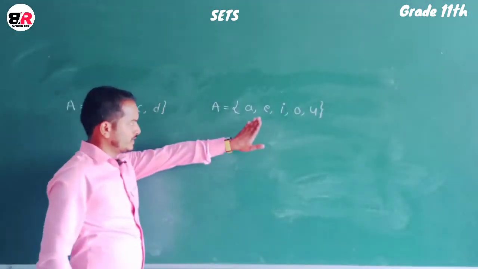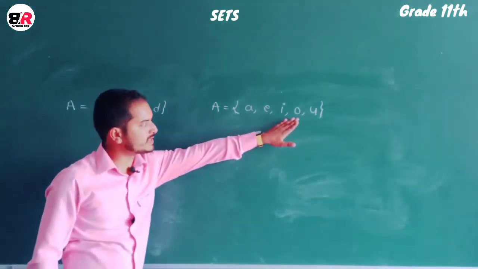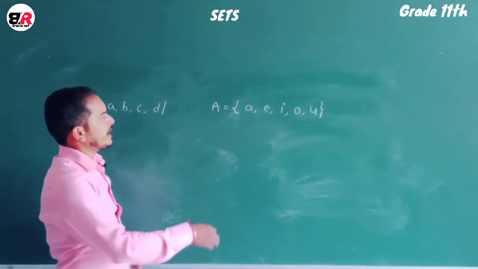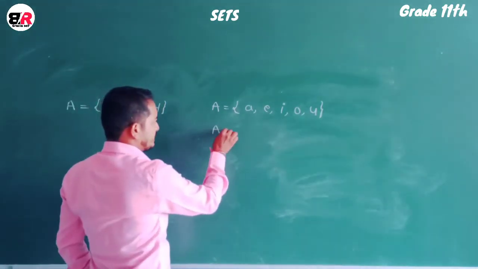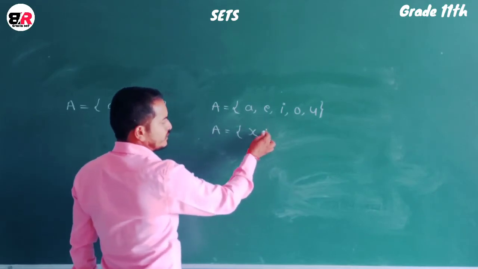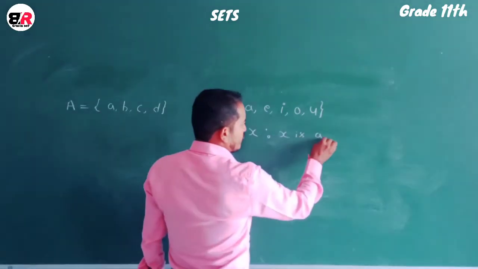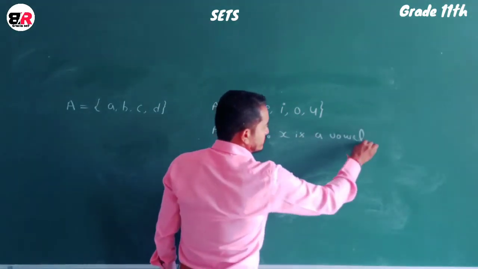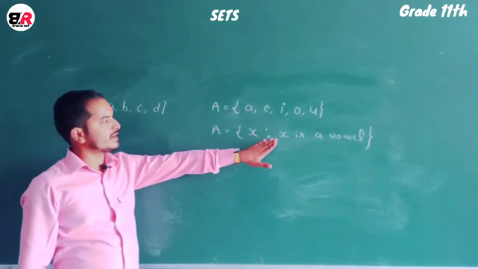This representation is known as roster form because elements are separated with comma inside a curly bracket. Now if I convert this set in set builder form, then I will write {x : x is a vowel}, where this notation denotes "such that". So in set builder form, x such that x is a vowel.